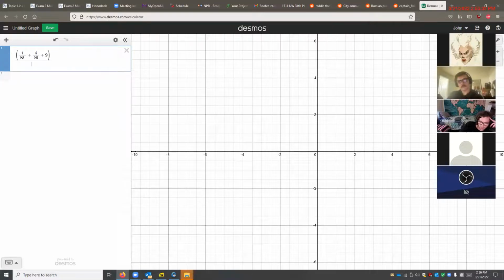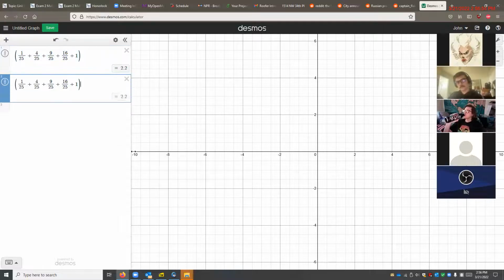Plus 9/25 plus 16/25 plus 1. We get 2.2 times 1/5. I'll write that down. And then if I multiply this whole apparatus by 1/5, we get 0.44.